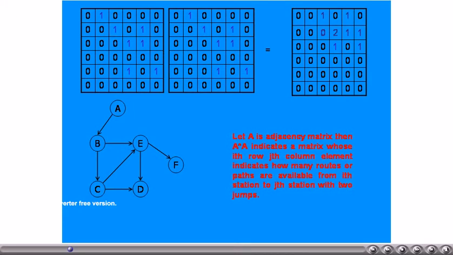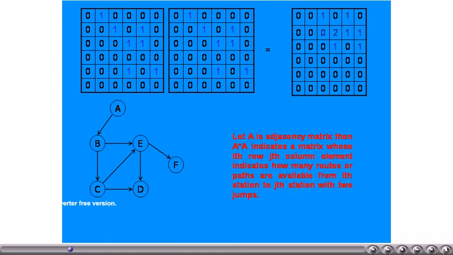For example, in the given graph, between B to D, if you verify this slide, in the product matrix, that is in A square, the count value between node B to node D is 2, indicating that there exist two routes from B to D with two jumps.